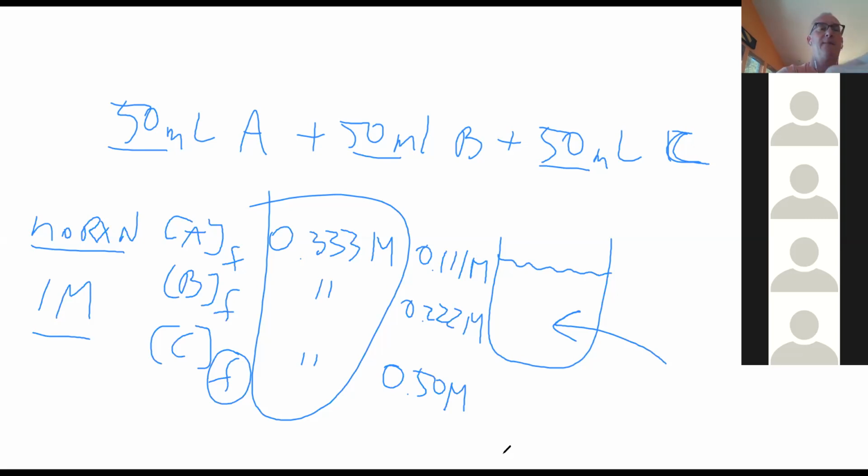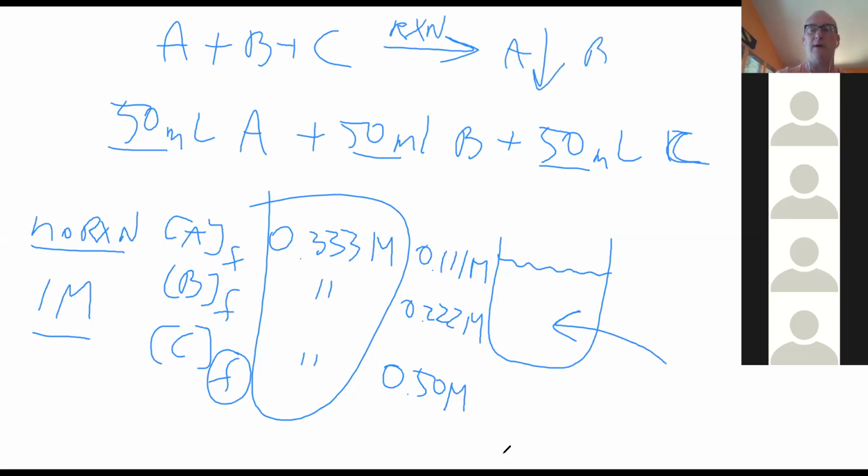So in the beginning, I had equal amounts of A plus B plus C. I added those together. Then a reaction took place. A went down, B went down, and C went up. So in general terms, what's my reaction? Something plus something gives something.